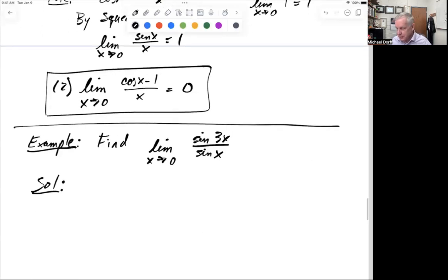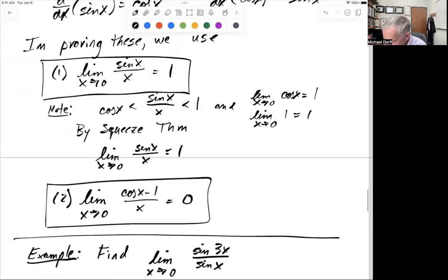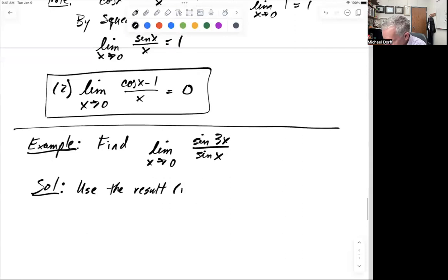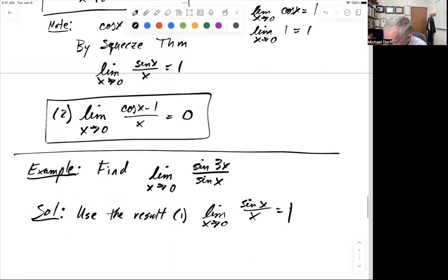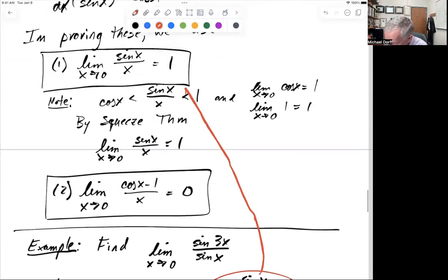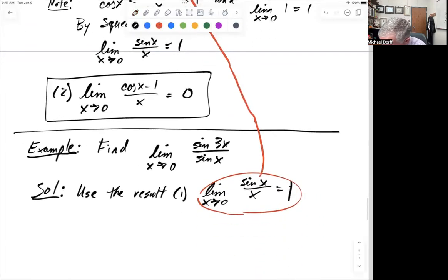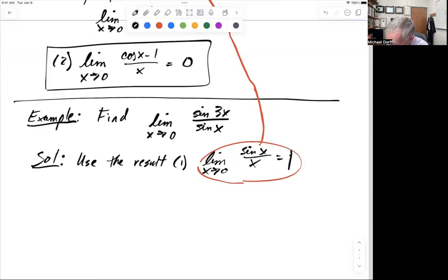So we have to come up with a new approach, and the new approach is to use the result from above, number 1, that the limit as x goes to 0 of sine of x over x equals 1.